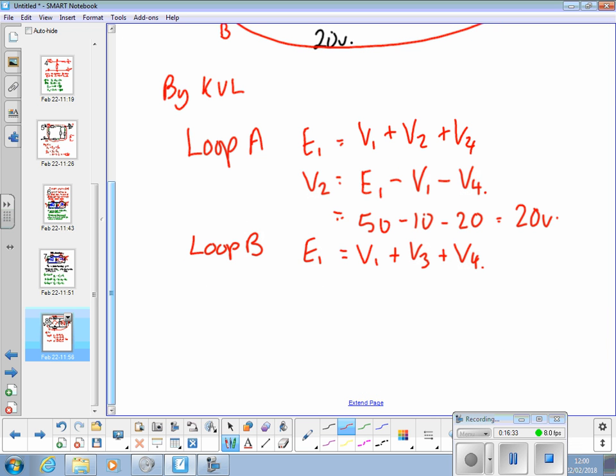What I'm going to do is prove that all the loops agree, because that's what the law says should happen. So we want to find V3, so V3 is equal to E1 minus V1 minus V4. That is 50 minus 10 minus 20, 20 volts.